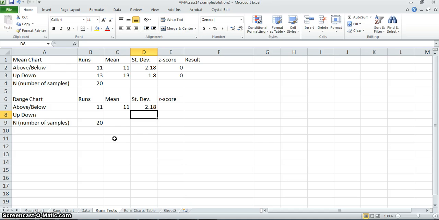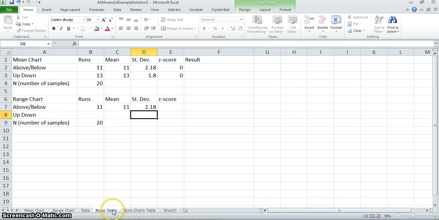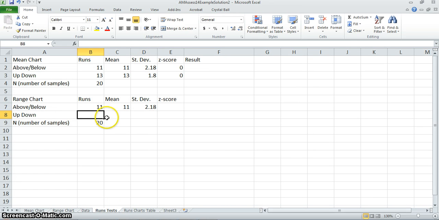The mean and standard deviation are again 11 and 2.18. In terms of runs up and down, we have 1, 2, 3, 4, 5, 6, 7, 8, 9, 10, 11. The mean is again 13 and 1.8.